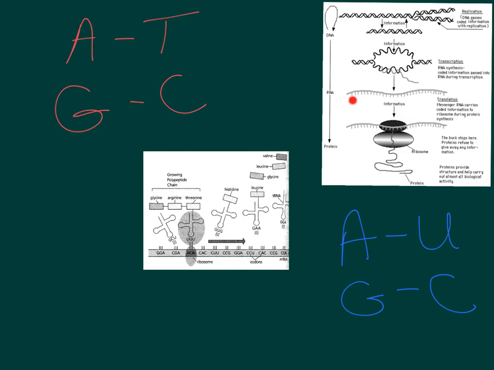Transcription is where the DNA is turned into RNA, and translation is when that RNA is turned into protein. So the message is being copied here, transcribed, and then here it is turned into a protein. It's translated. Okay, let's go on and look at the code real quick.